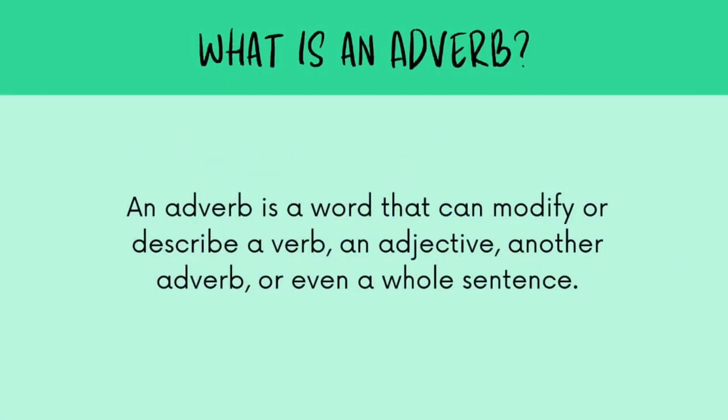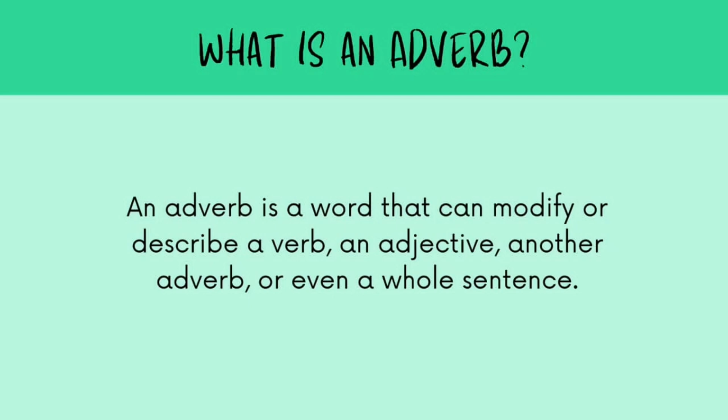An adverb is a word that modifies a verb, an adjective, and other adverbs. An adverb modifies a verb. It describes the action performed in a verb. It can also modify an adjective or another adverb or even a whole sentence. An adverb is capable of modifying a verb.